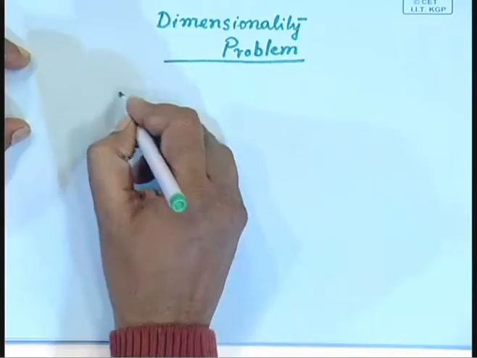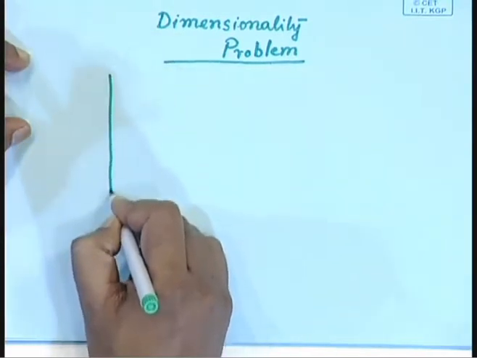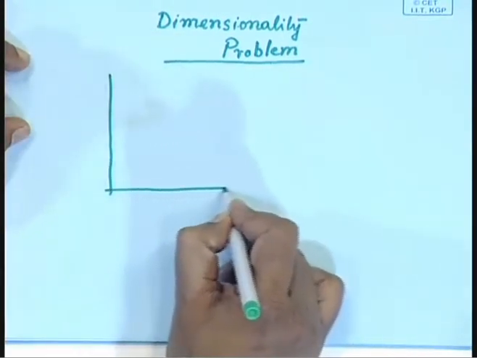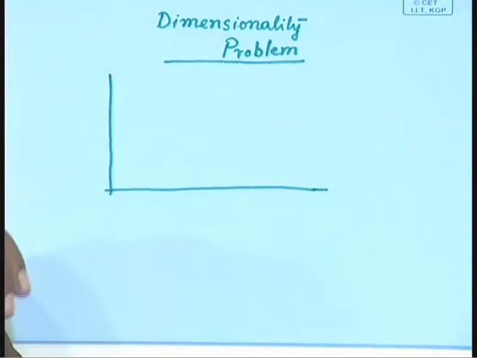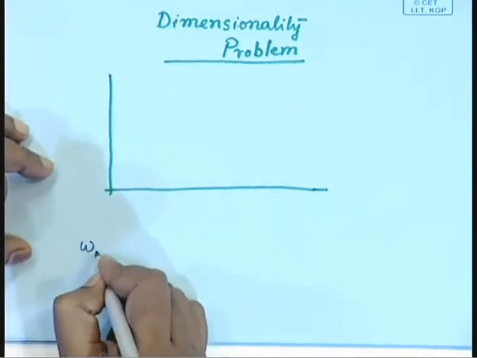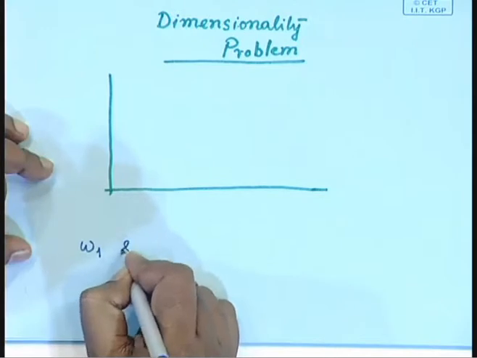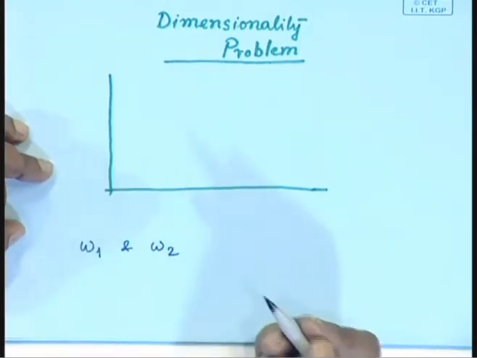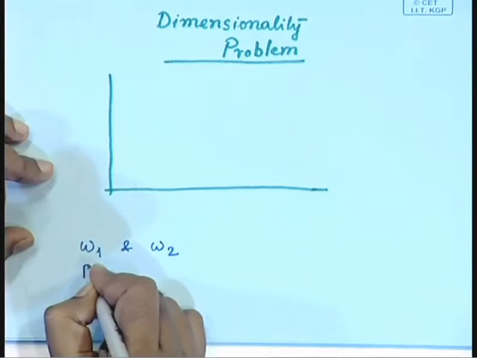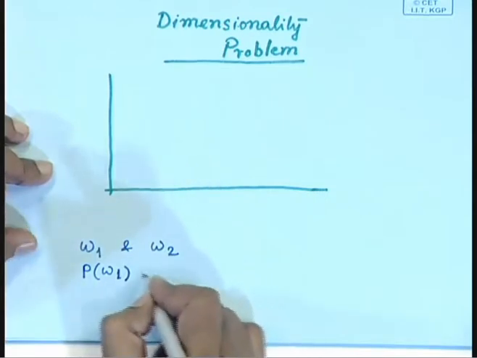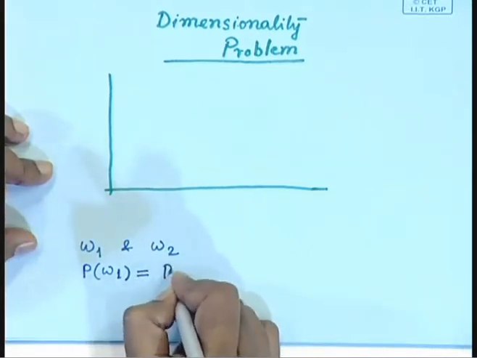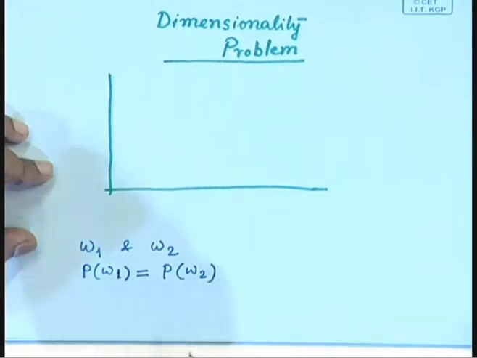Now, let us go to Bayes decision theory or minimum error rate classification, where we said that if I know the probability density function. Let me assume that we have two classes, one is class omega 1 and the other one is class omega 2. I also assume that p of omega 1, the a priori probability of class omega 1, and the a priori probability of class omega 2, p of omega 2, are the same.